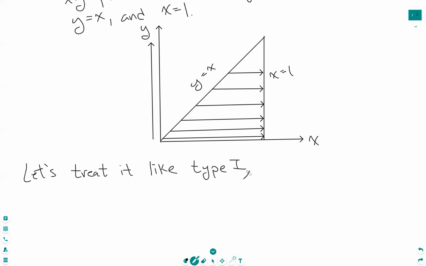So if I do it like type 1, I can write out my region R as the set of all points in R2 such that now x is bounded between 0 and 1, right?